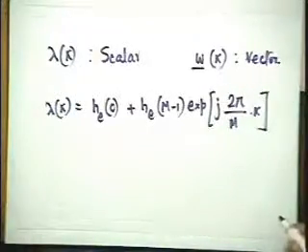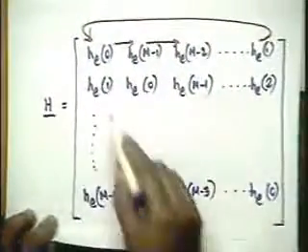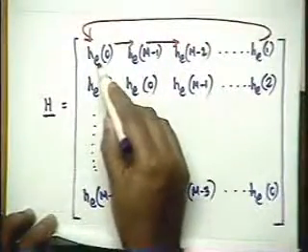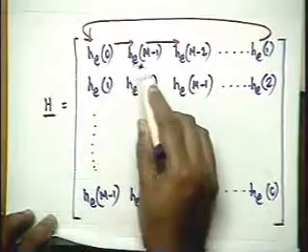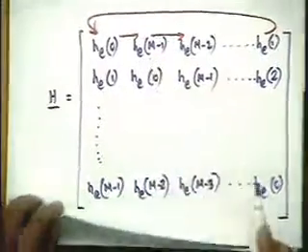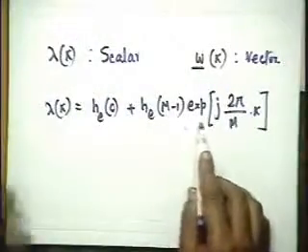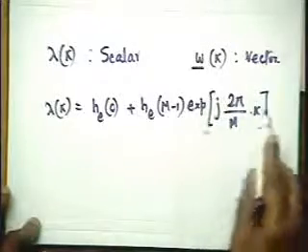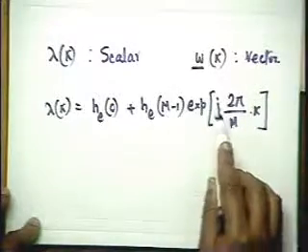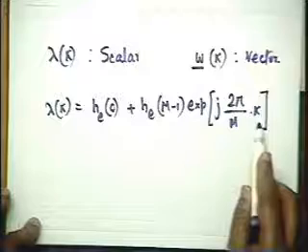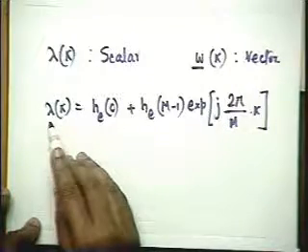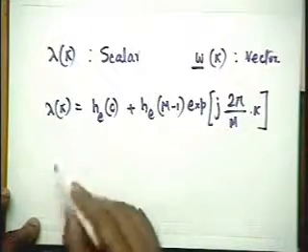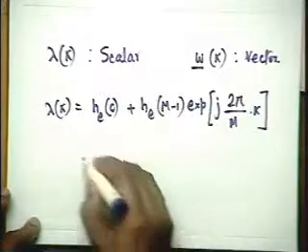So just see what I am doing. I have taken HE0 as it is. When I am taking HEm-1, I have multiplied it by a complex exponential term, exponential to the power j 2 pi by m into k. This is how I am going to define this lambda k, the scalar quantity.